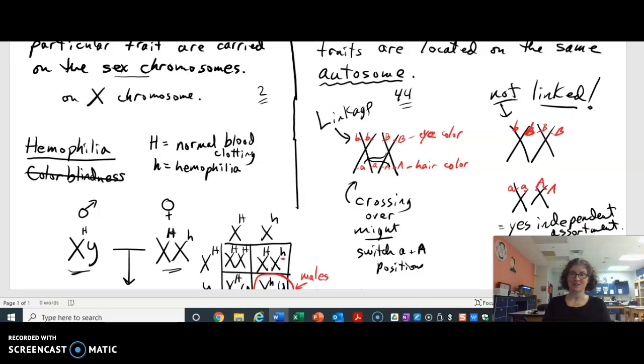We have lots of genes on every single one of our chromosomes. Sometimes they're linked on the same autosome, sometimes they're not. But in linkage, we're talking about alleles for different traits, and if they're located on the same chromosome, that's going to limit the amount of independent assortment they can do. And if they are not linked, then they'll be able to independently assort.